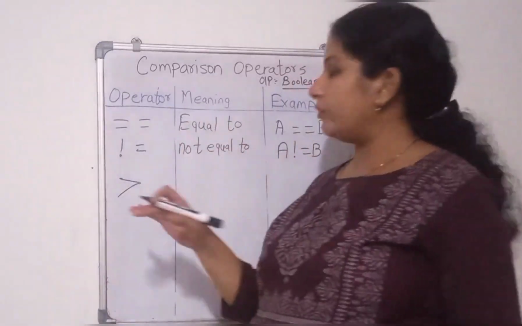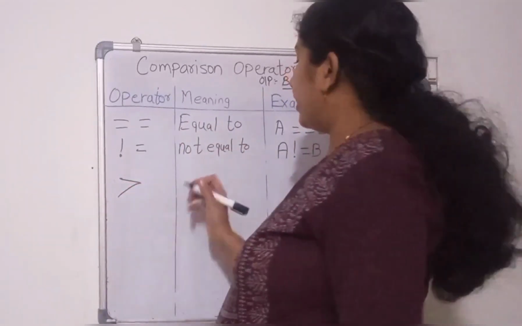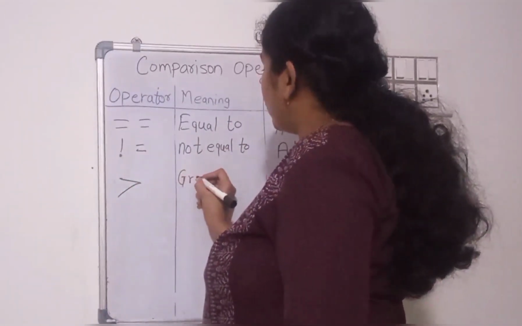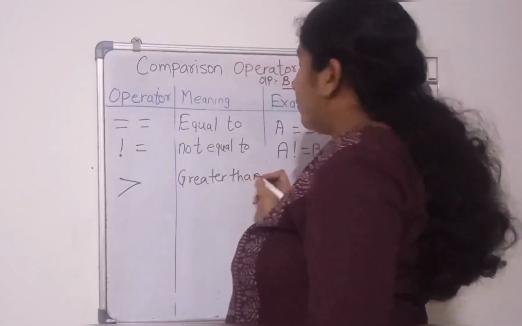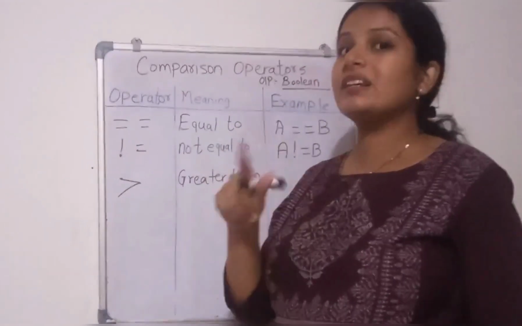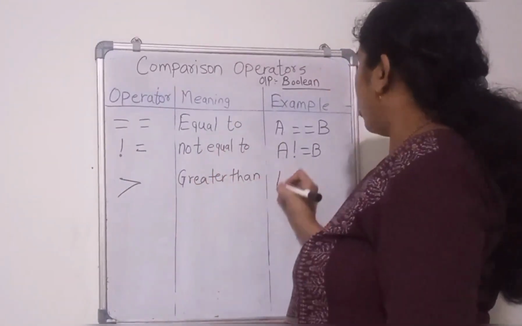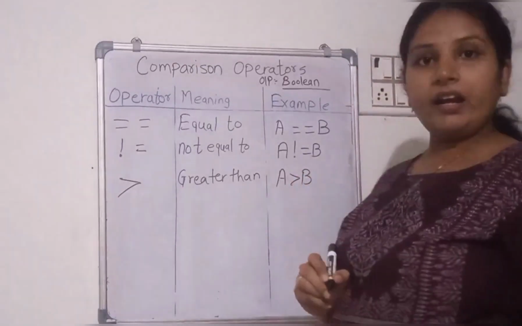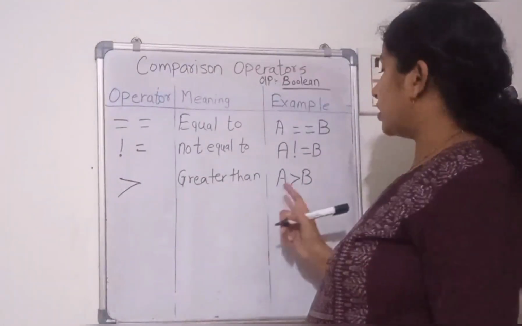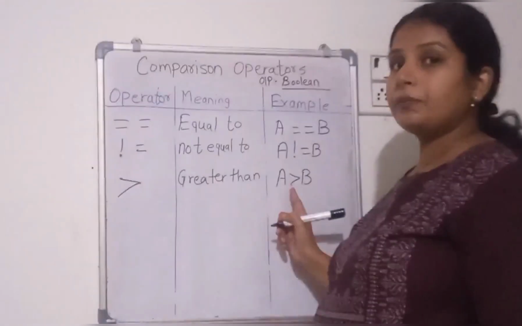So to check that, we are using this greater than sign. That means we are checking whether one particular value is greater than another value or not. It is written like this, A greater than B.